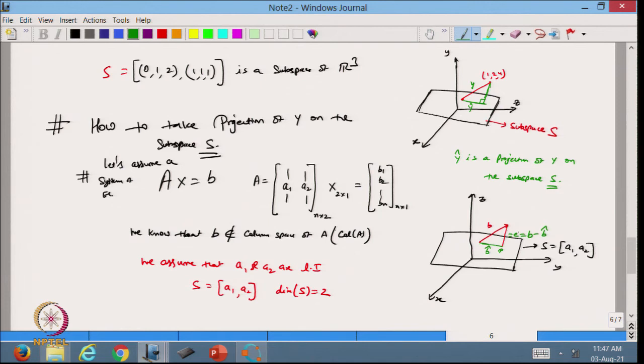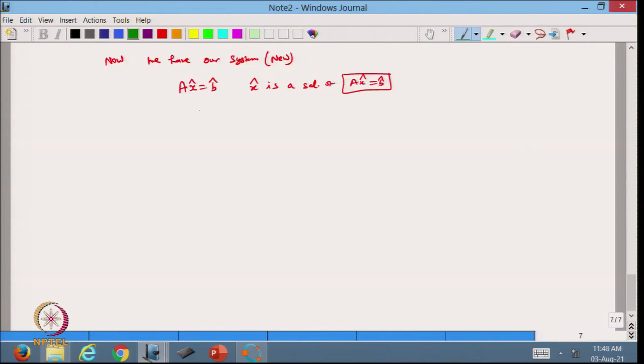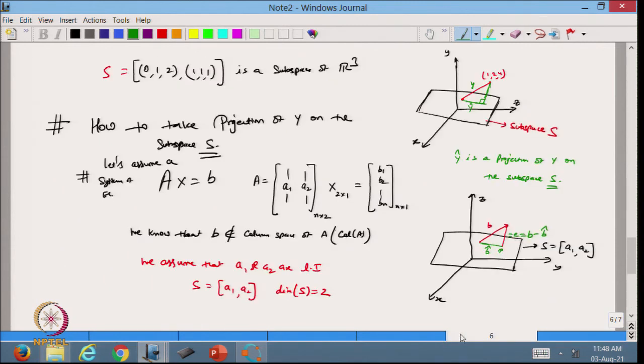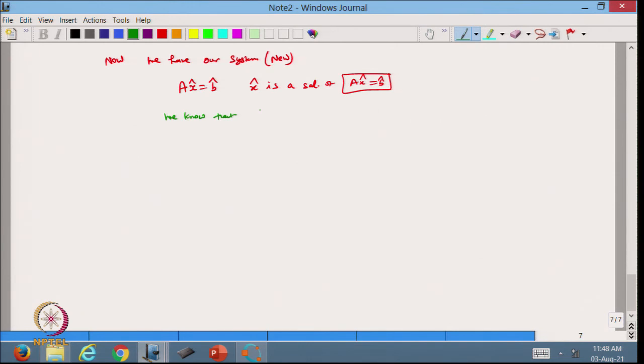Now from this place I know that b hat is perpendicular to b minus b hat, and b hat is A x hat. So, from here I can write that b hat is perpendicular to b minus A x hat.